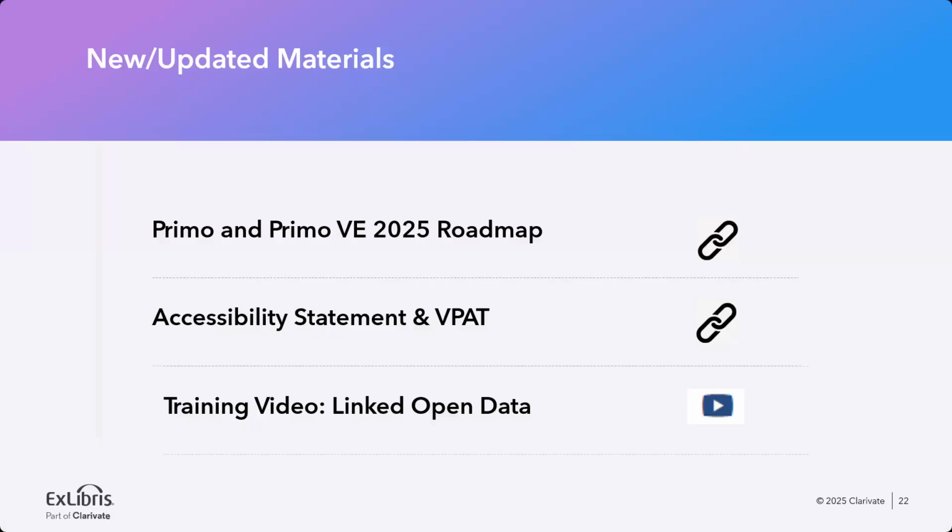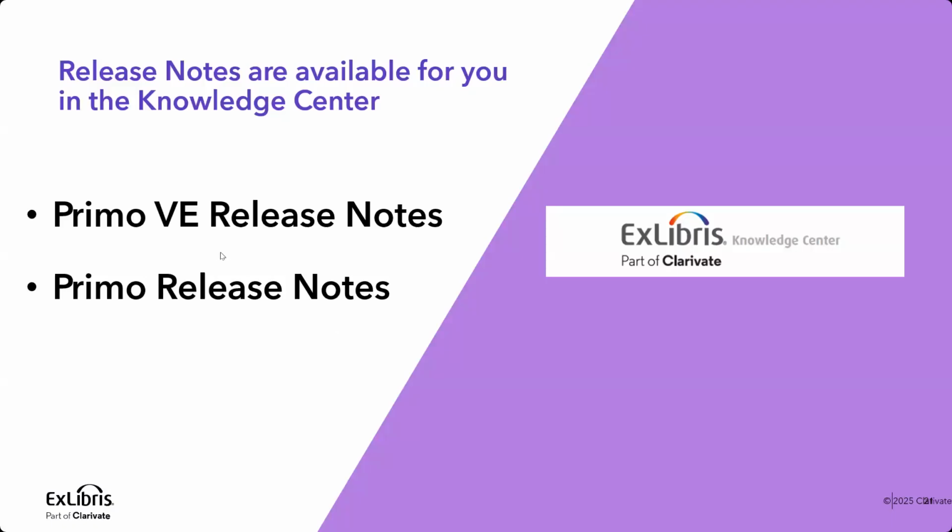So the linked open data video was recently published and can help you better understand linked open data in Primo VE. The release notes will be published soon, and we'll add hyperlinks to this presentation once they are published. I assume it will be towards the end of this week.